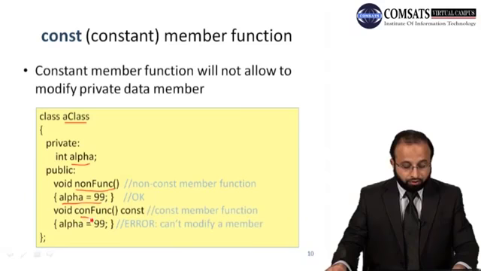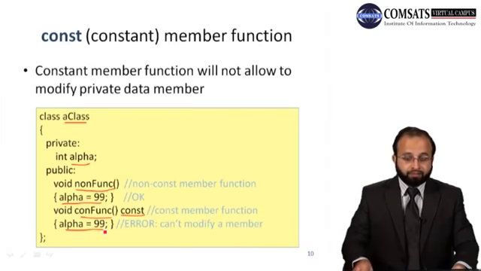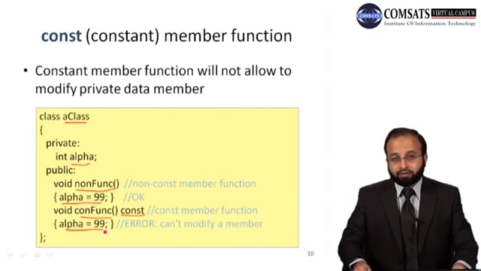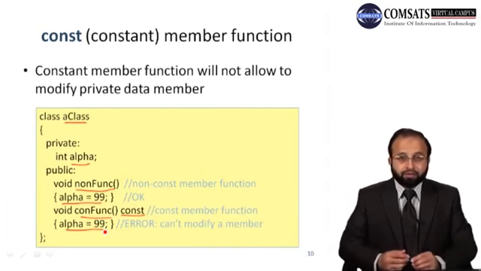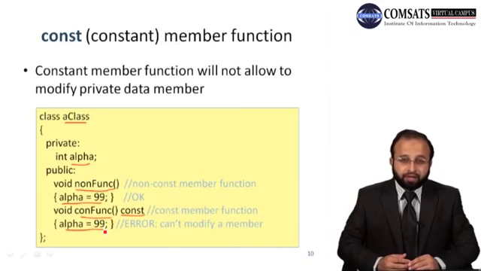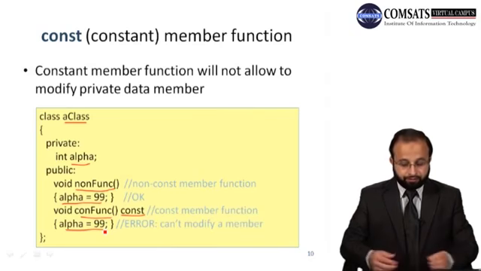But if we call conFUNC, which is a constant function, where we have written the keyword const over here, then it is not possible to change the value of the private data member of the object that calls conFUNC, right? So if the member function is constant, it is not possible within that function to change the value of the object that calls it.